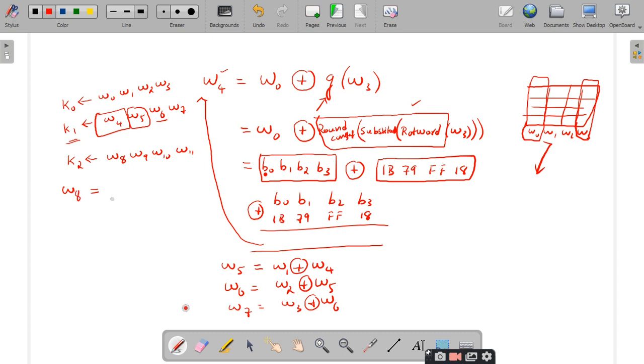So what is W8? It is W4 exclusive OR with function G of the last word, that is W7.